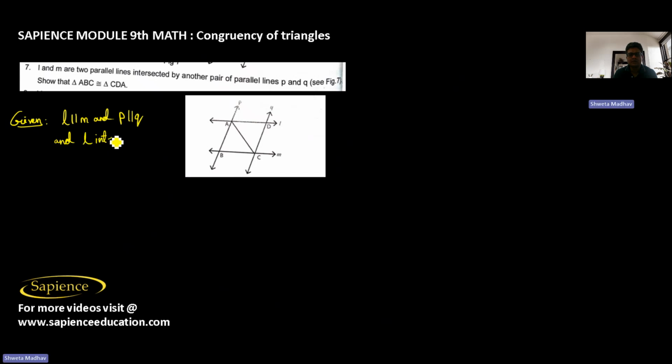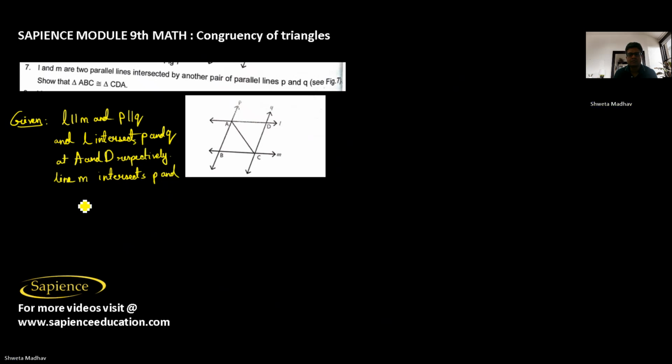And L intersects the lines P and Q at A and D respectively, and the line M intersects the lines P and Q at B and C respectively.